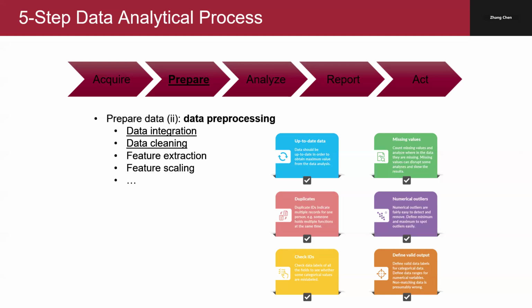We also need to check whether the data labels are correct and whether the values follow valid formats. Data cleaning improves data quality and helps ensure that later analysis and models are based on reliable and consistent data, not accidental errors. That's quite an essential part.